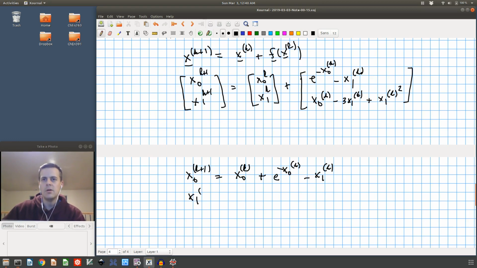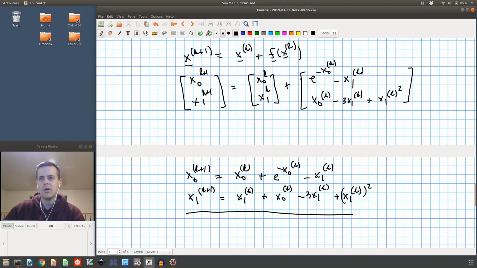And then x1 at k plus 1 is equal to x1 at k plus x0 at k minus 3x1 at k plus x1 at k, and then the whole thing squared. Notice this x1 and that x1 combine and give me minus 2. There you go. There's Picard's method. That's the easy version.